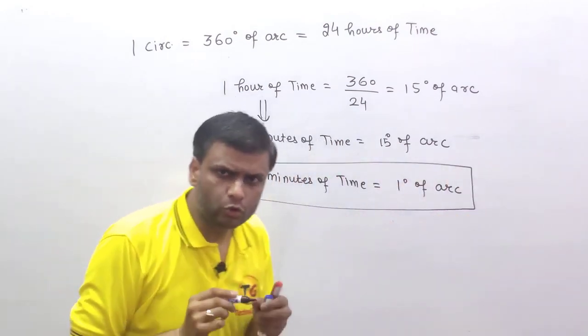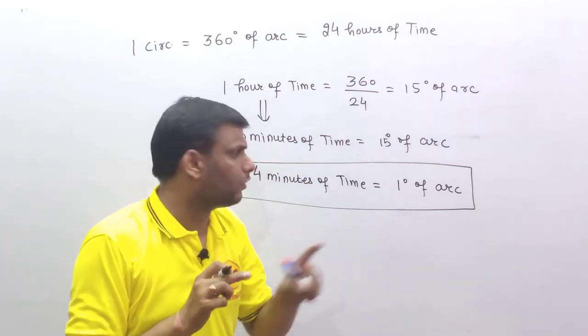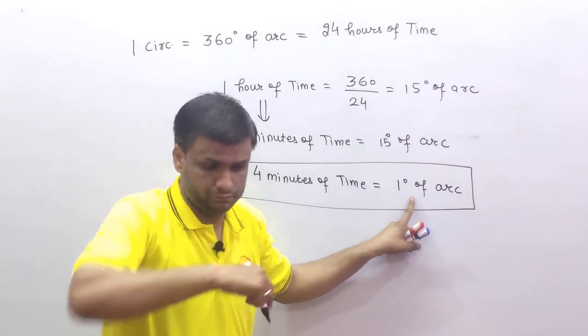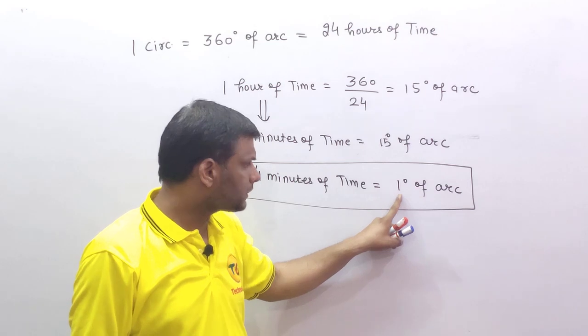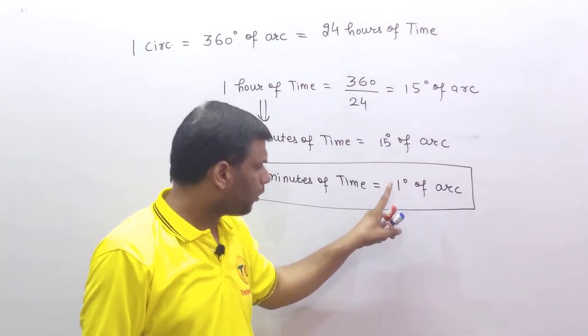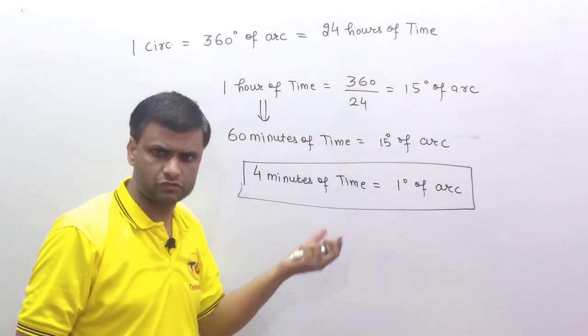So I conclude that Earth completes its revolution of 1 degree of longitude (same plane longitude, opposite plane latitude). Earth completes one revolution, or you can say 1 degree of arc, 1 degree of revolution, in 4 minutes of time.